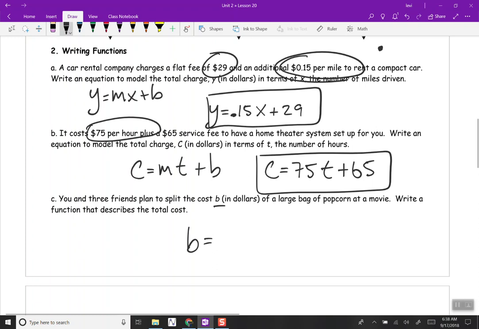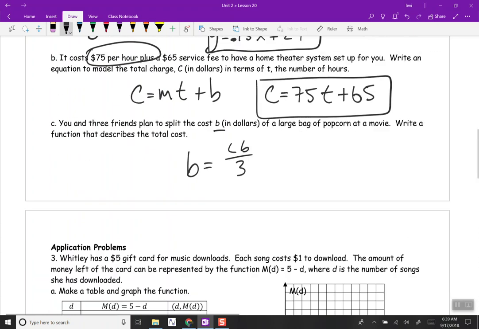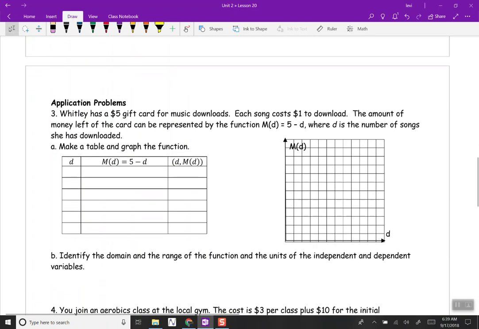Well, it doesn't give us another variable, so we'll just say B is going to be the total cost, the large bag, so LB divided by 3. That's going to be your cost, and that's as good as we want for that one.